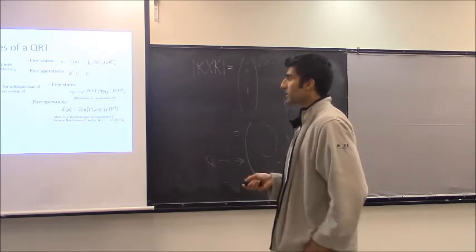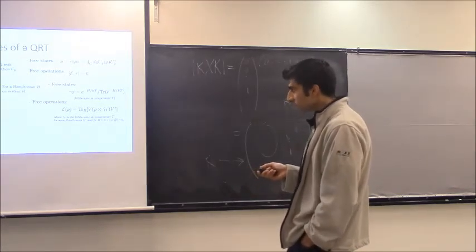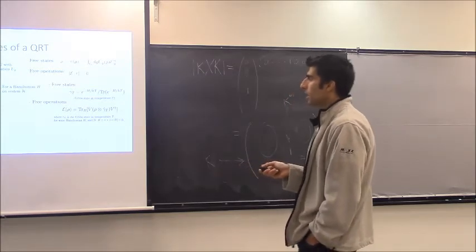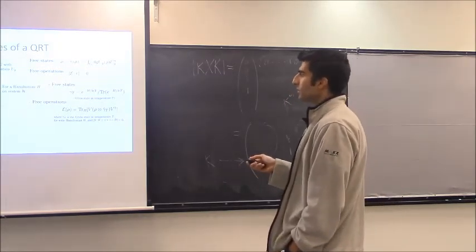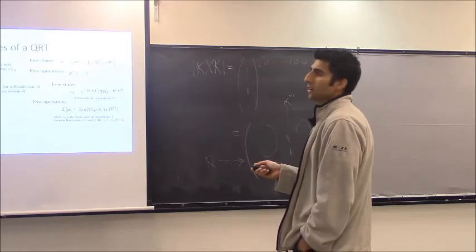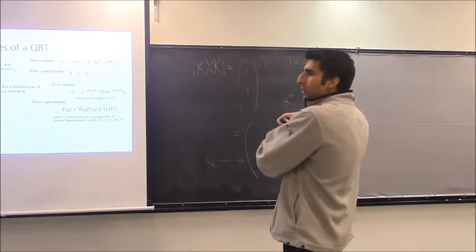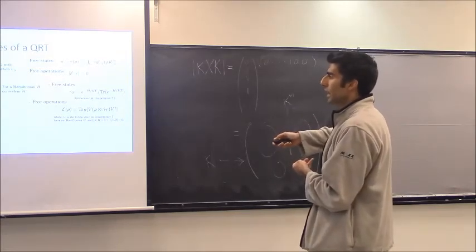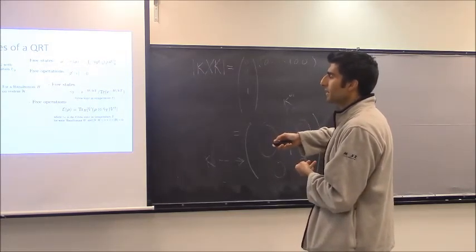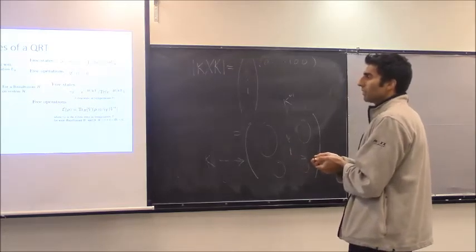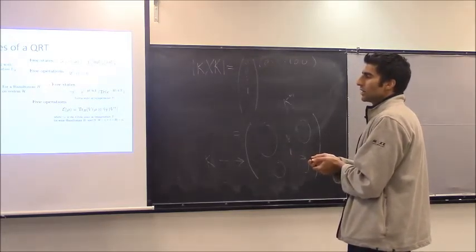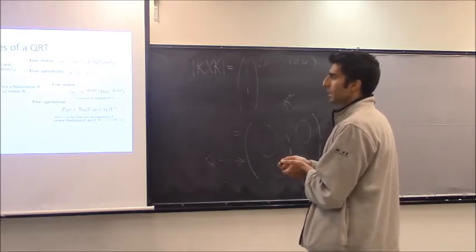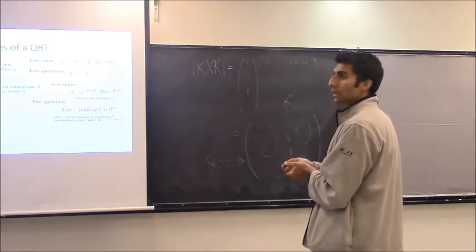And then your free operations are defined as follows. So you bring in, it's a map that's acting on rho, and what you're allowed to do is bring in some other thermal states. Okay, so you can prepare in your side laboratory, some bath, some ancillary thermal states with some other Hamiltonian H tilde. And then you're allowed to couple your system and the ancillary system with some unitary here that preserves the energy. So it commutes with the total Hamiltonian.